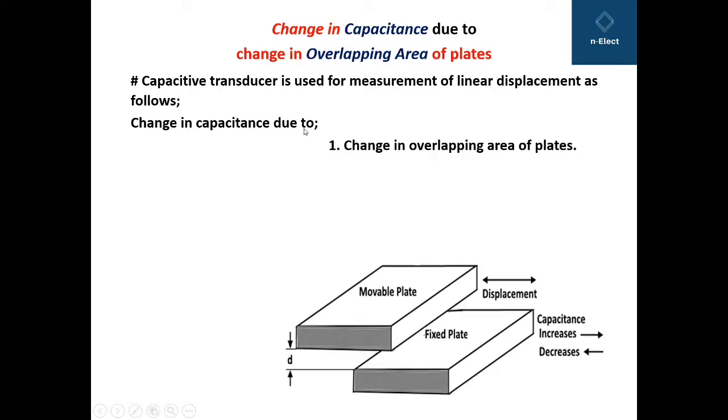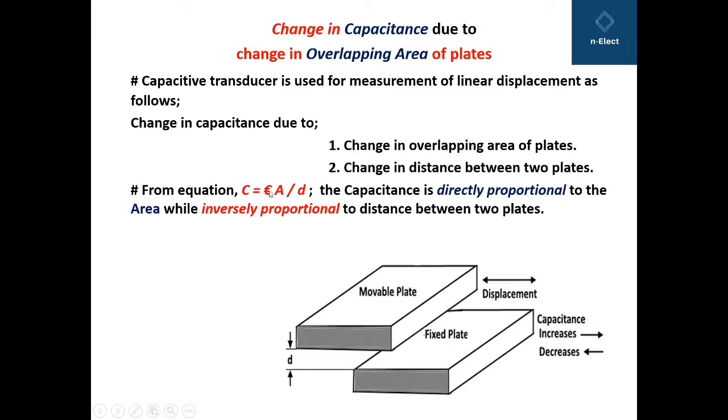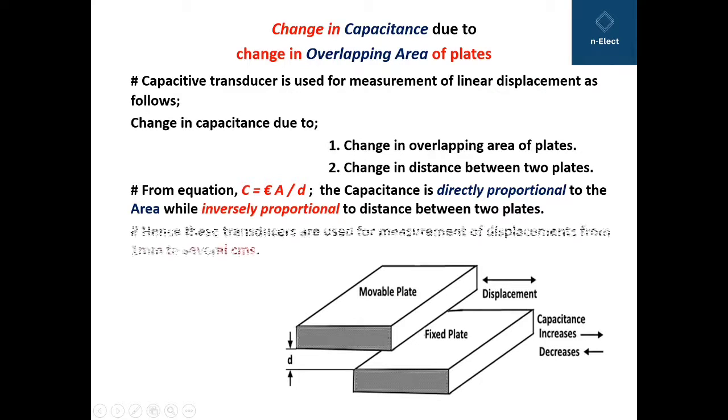Change in capacitance is due to change in overlapping area of the plates or change in distance between the two plates. From the equation C equal to epsilon A upon D, capacitance is directly proportional to the overlapping area, while it is inversely proportional to the distance between two plates.